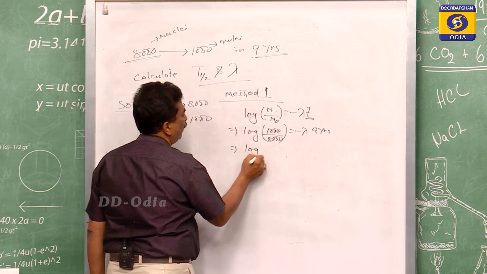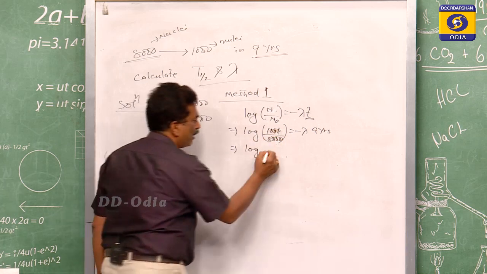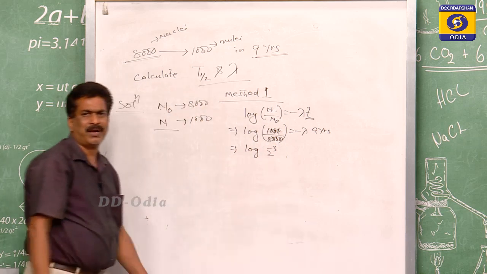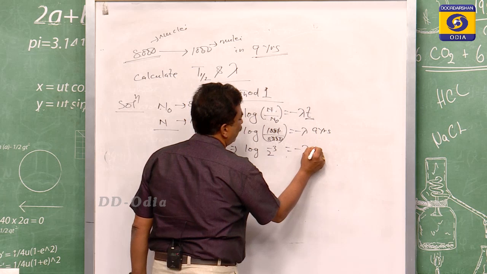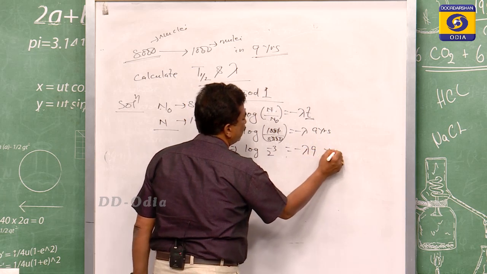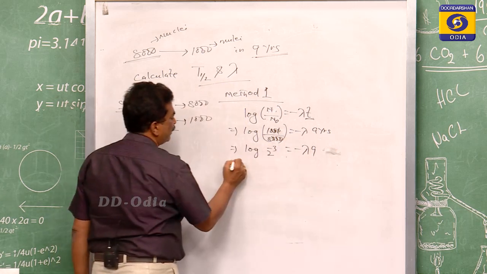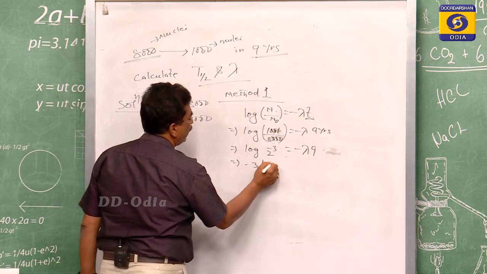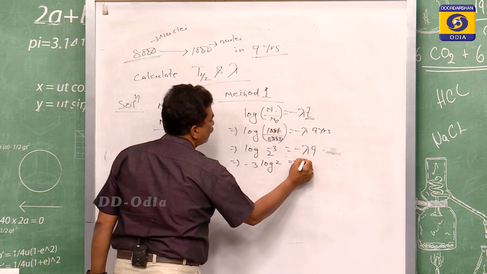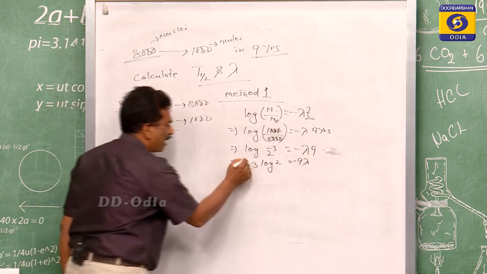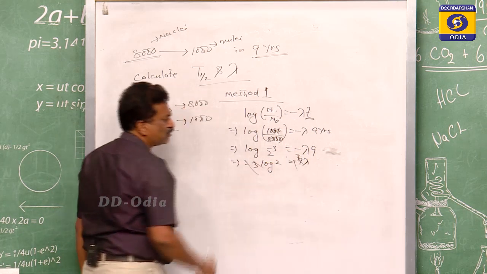So log of 1 by 8, and 1 by 8 is 2 to the power of minus 3, is equal to minus lambda of 9, which is the years. Let us give the unit later. So minus 3 log 2 is equal to minus 9 lambda. Now the minus signs cancel, and 3 with 9 gives 3.